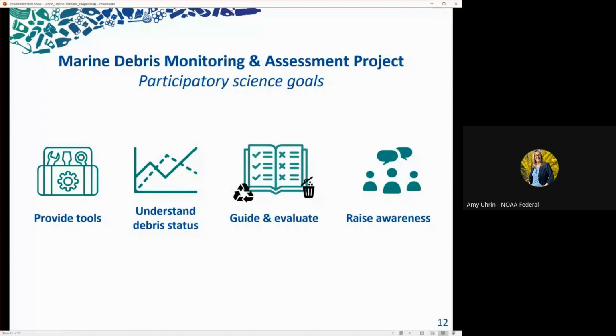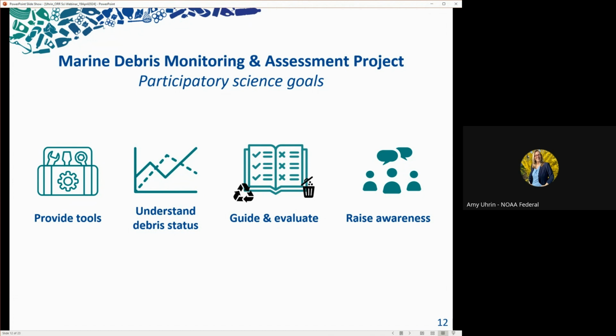As word got out about this particular protocol, other people and other entities became interested in using our method. And after a few years, the project really evolved into a participatory science initiative, wherein we're providing partners with the tools, not physical tools, but like the training materials I just mentioned, giving them what they need to collect the shoreline debris data at their own self-selected sites in order to answer their own questions about debris loads in their area.